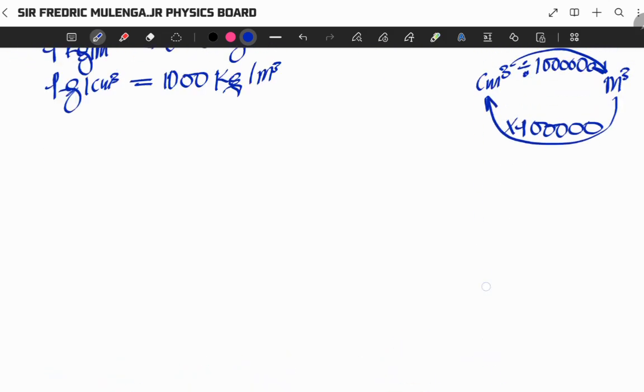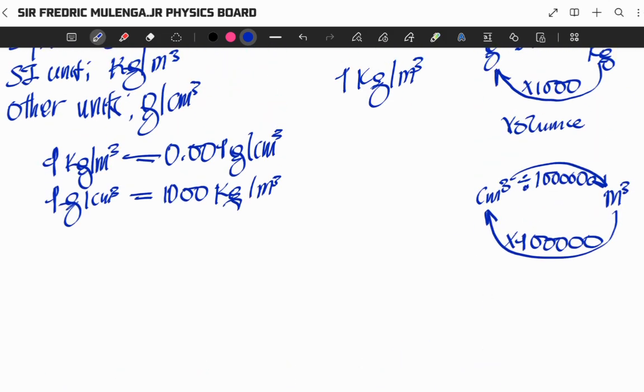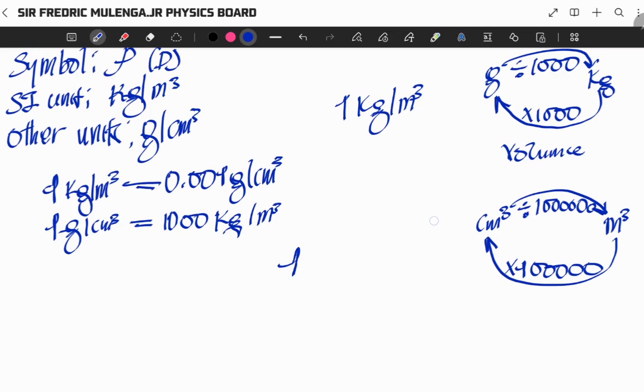So let's now convert 1 kilogram per meter cubic into grams per centimeter cubic. We are going from kilograms to grams, so we multiply by 1000. Then for meter cubic into centimeter cubic, you divide by a million. What do we get?